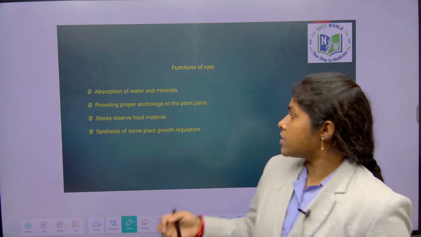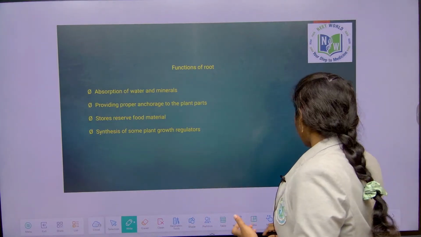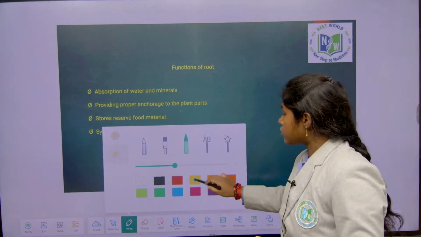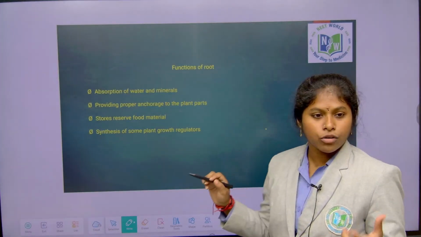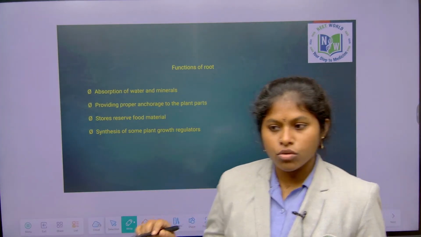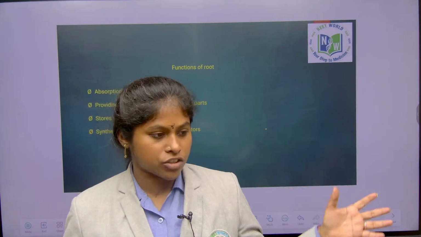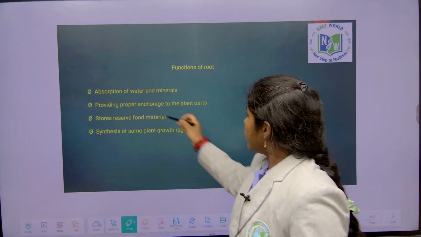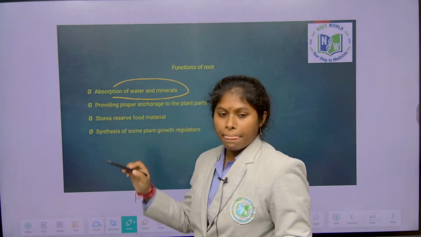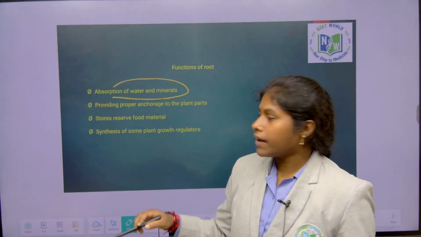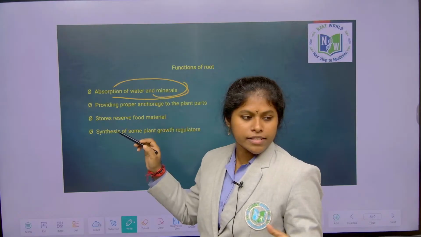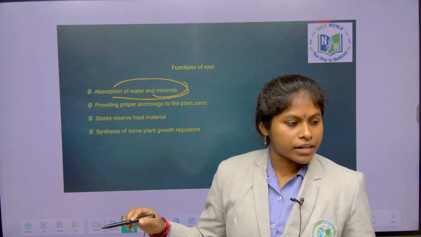We know that photosynthesis is the main primary function of the plant. By photosynthesis only, the plants can grow and build their structure. That water is transported by roots, and the minerals as well. Plants also need minerals.